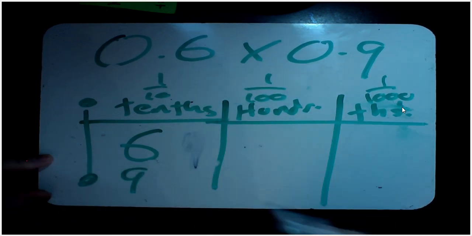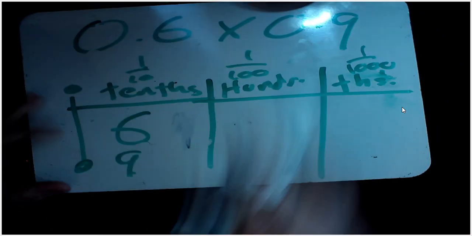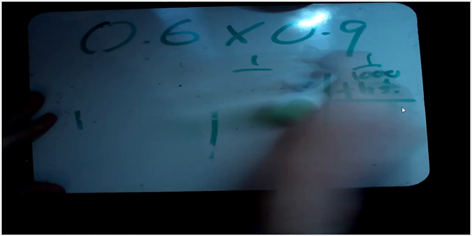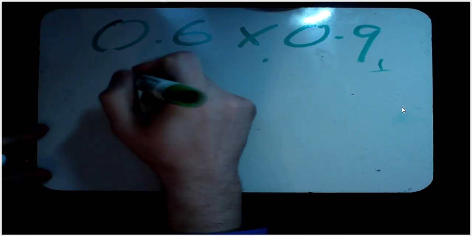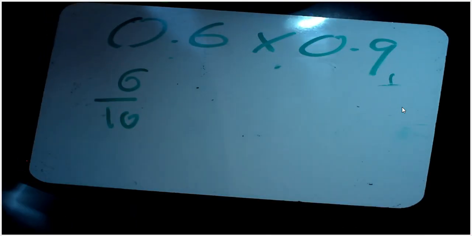There's really 9 1/10ths, or 9/10. So we can rewrite both of these, 6/10 and 9/10, with the same name. That's why it's really important to understand and be able to name these.